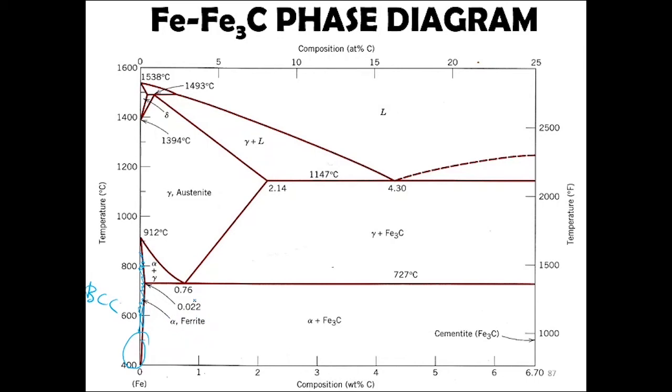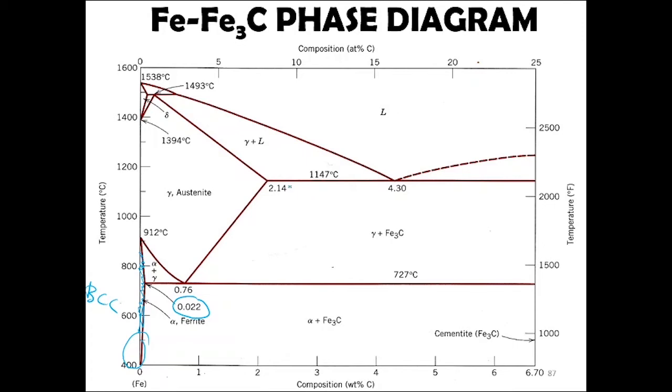The maximum solubility of carbon in iron is 0.022 weight% of carbon only. Ferrite dissolves less carbon than austenite.